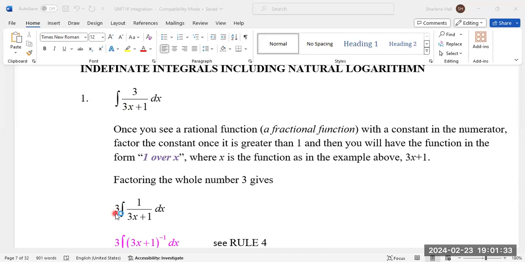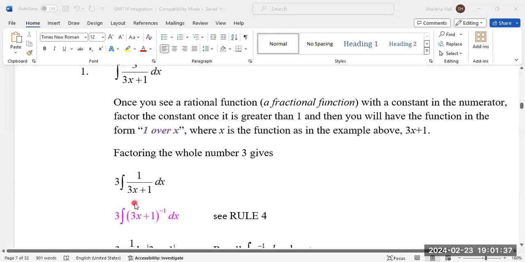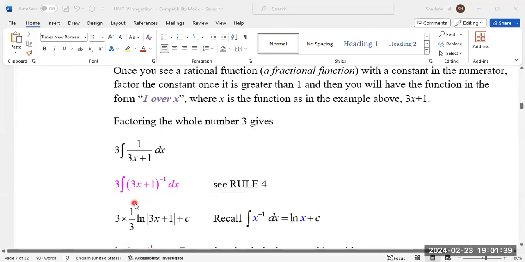And then I'm going to be left with 1 over 3x plus 1. That fits the form perfectly as 1 over x, except that it is not x, it's 3x plus 1.